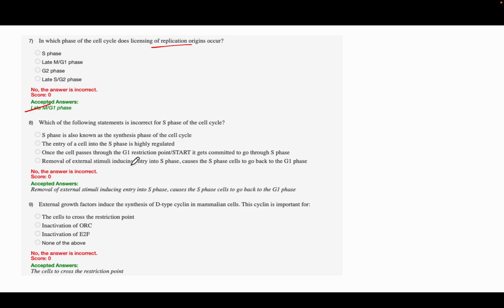Once a cell passes through the G1 restriction point or start, it gets committed to go through S phase. This is also correct. Removal of external stimuli inducing entry into S phase causes the S phase cells to go back. No, this is not the correct answer.